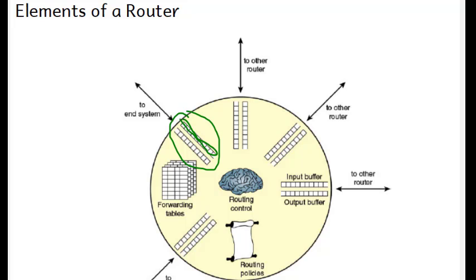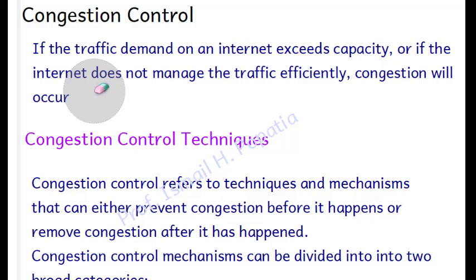This buffer is full. If this becomes full, then it is natural that all the other packets which are now in this router will get slowed down. So congestion can occur. We have a congestion control mechanism by which the congestion can be reduced.